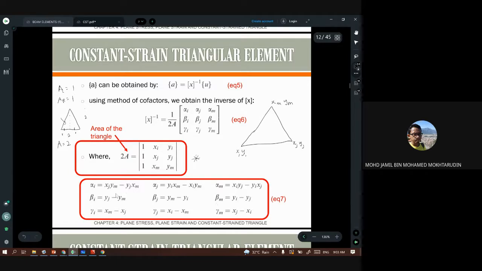For now, just take note of this formula. Later on we will see an example of how to apply it. But for now, just take it first.